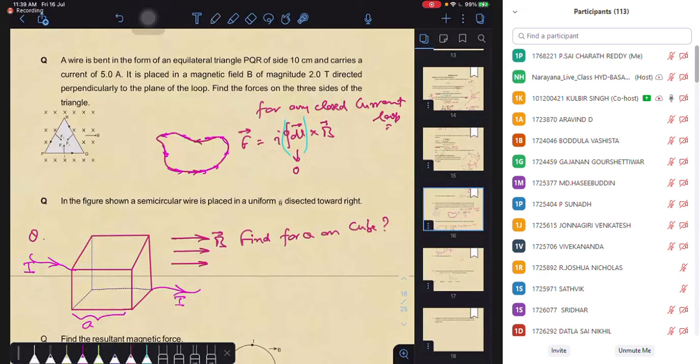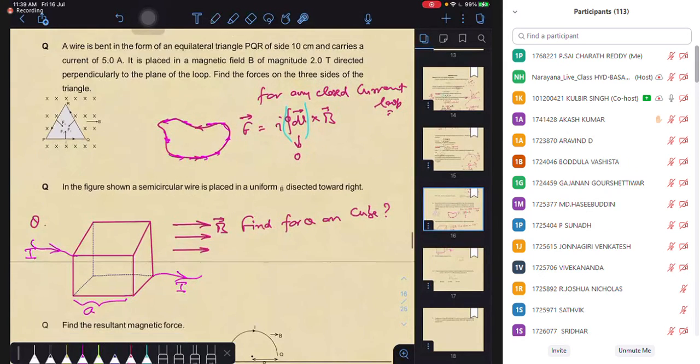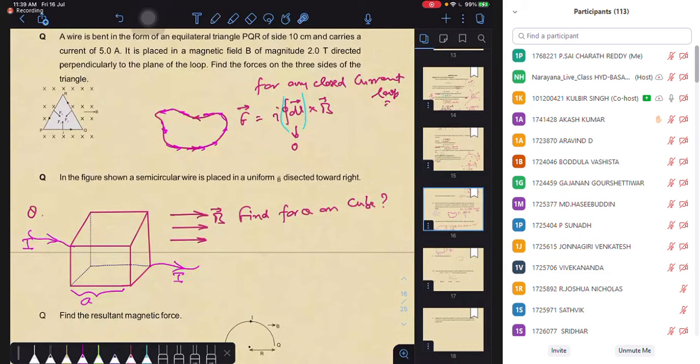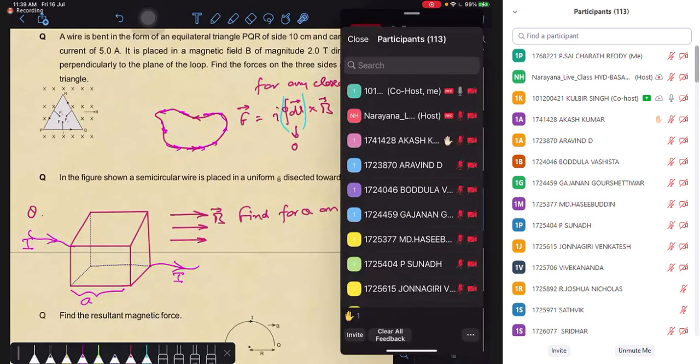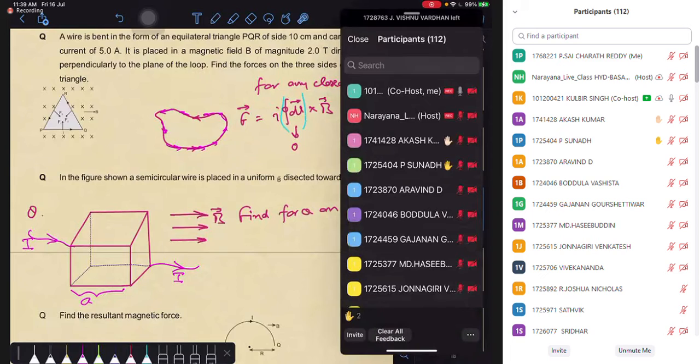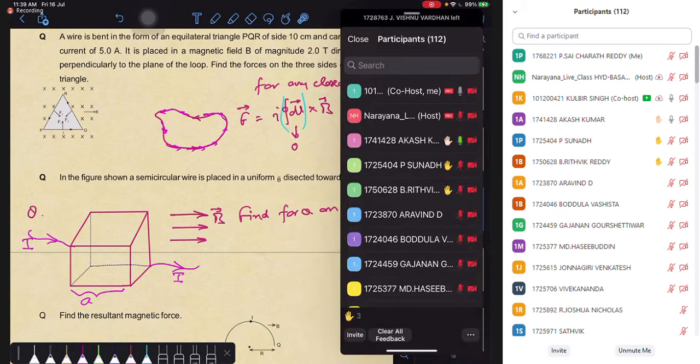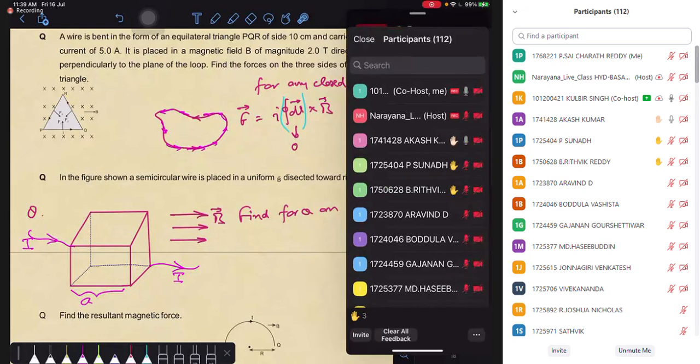What is the force on the cube? Yes, Akash. Sir, √3 BIA. √3 BIA. Okay, answer.